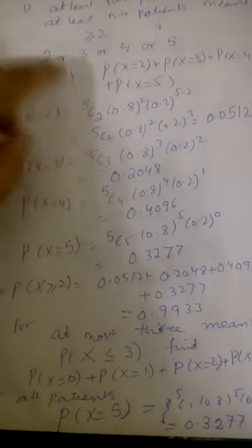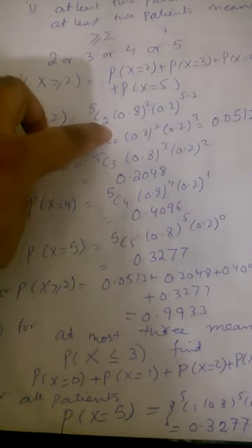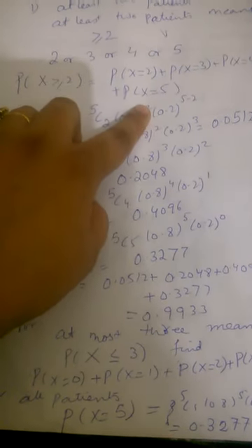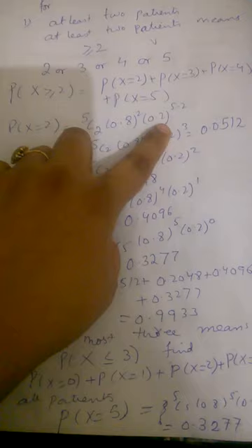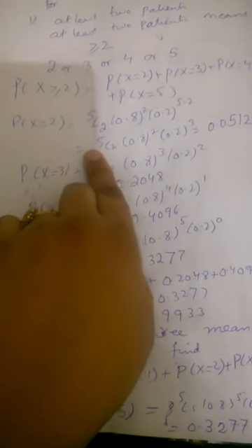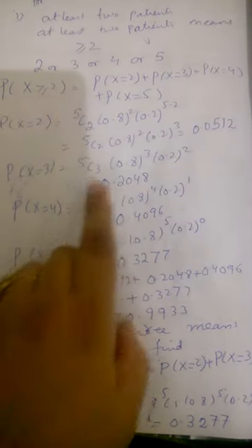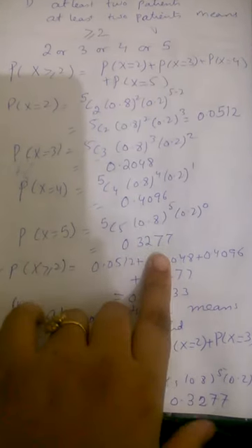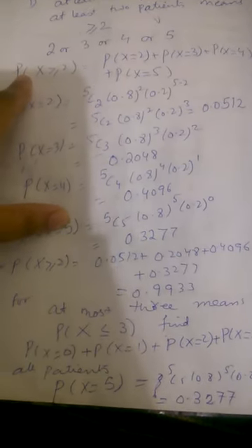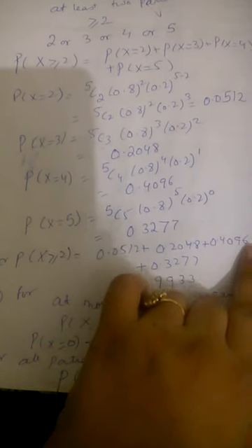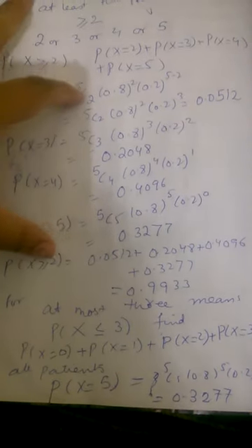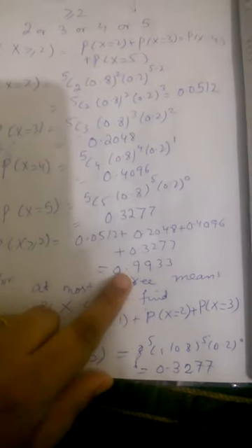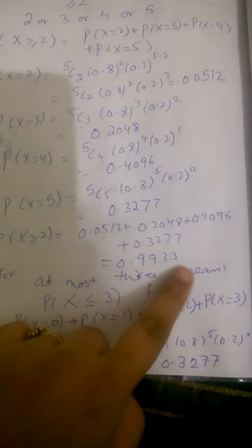Just locate it first. 5C2 multiplied by 0.8 raised to power 2 multiplied by 0.2 raised to power 3, and you will get your answer for the probability. In the same way you can get the answer for x equal to 3, 4 and 5. At least 2 means 2 or more than 2, so just add them. Add all these four cases, and you will get the required probability, that is equal to 0.933.